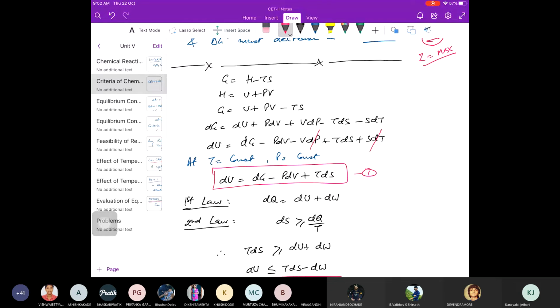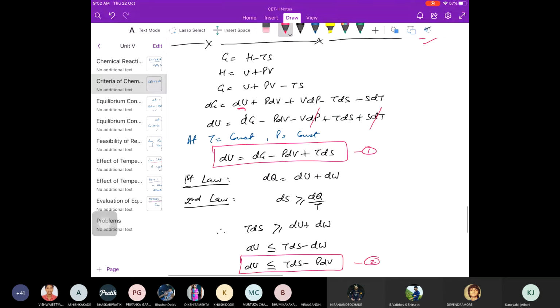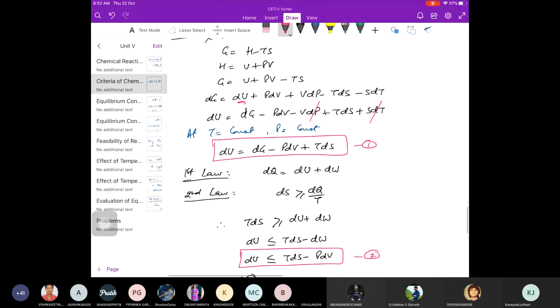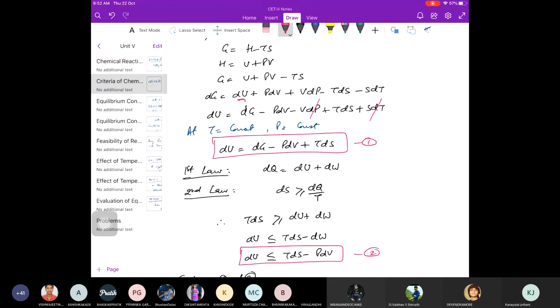Right? और ये dU एक साइड में लिया और बाकी सब दूसरे में लेके आया तो what you get is dU is equal to dG minus PdV minus VdP plus TdS plus SdT. Right? And at constant temperature and pressure, this term becomes 0 and this term becomes 0. And what you get is dU is equal to dG minus PdV plus TdS.